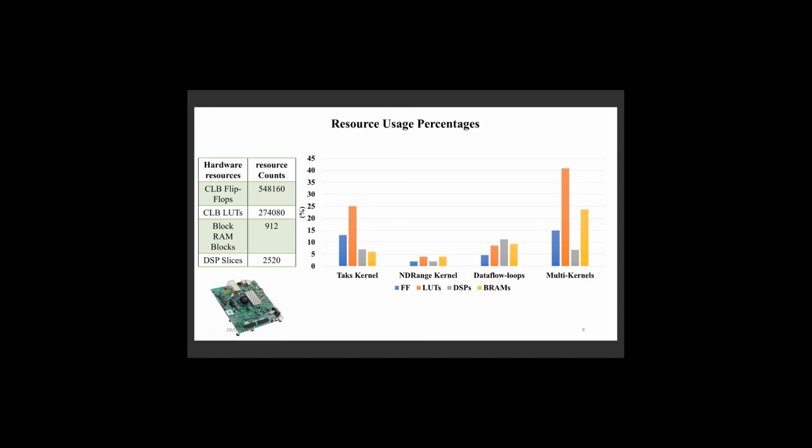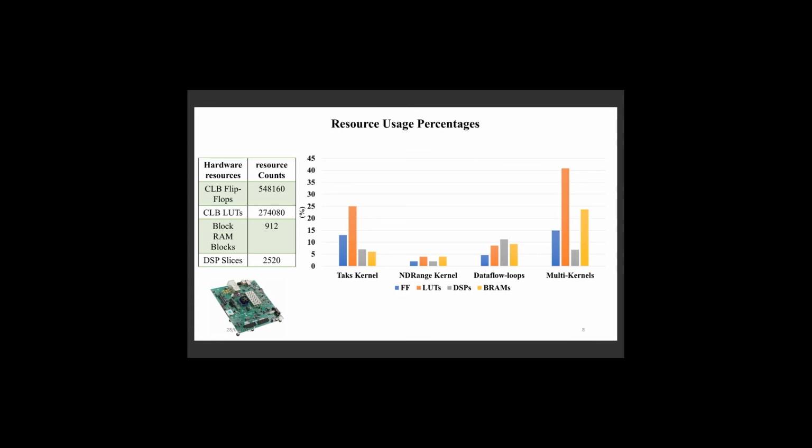It utilized a tiny bit of resources in that FPGA, which means that this design option can help to replicate the kernel as many times as the FPGA can fit to enhance the spatial parallelism.